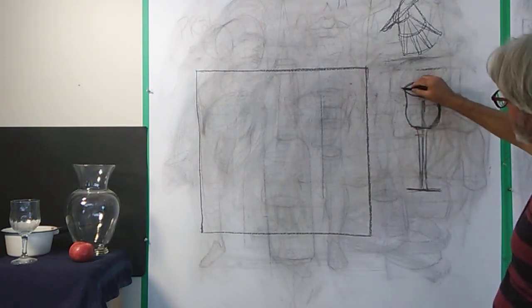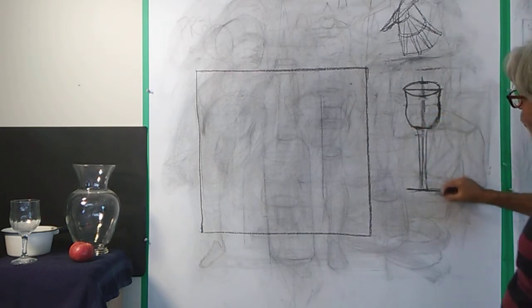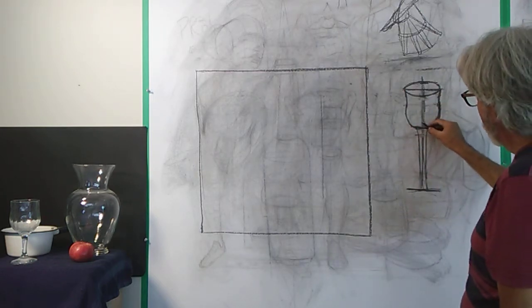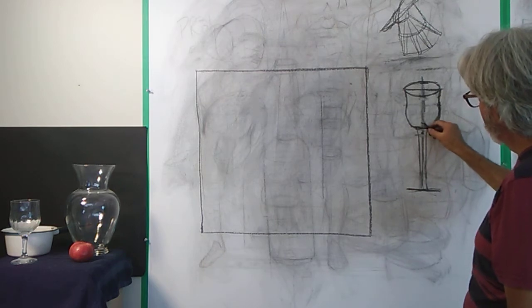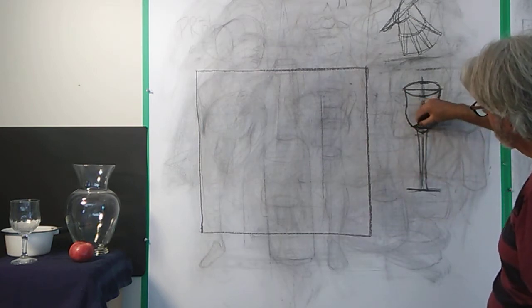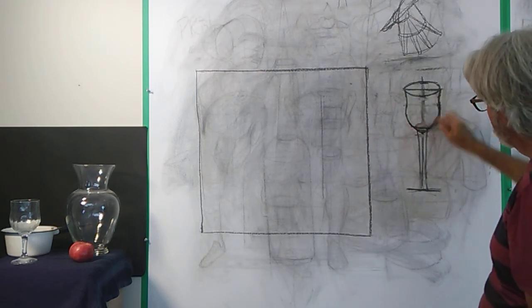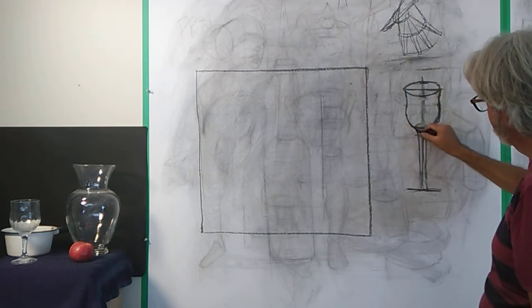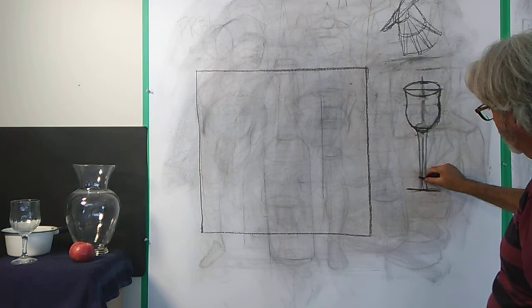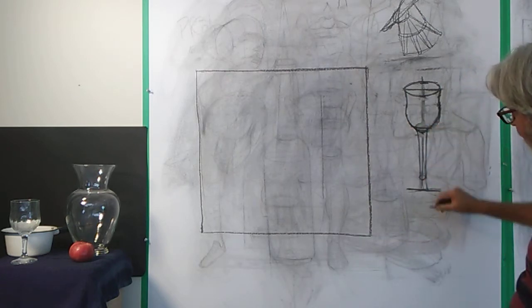But at every plane break, in other words, every horizontal line like here, represents another ellipse. That means I have to discover where this ellipse is, and it has to touch my two edges. So now the glass is going to make a curve down like this, and the stem would have a curve to it, and it starts to take on the feeling of depth.